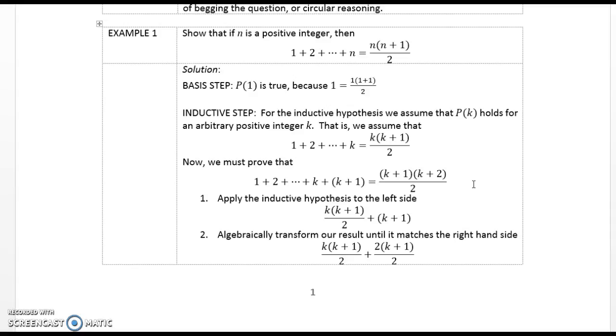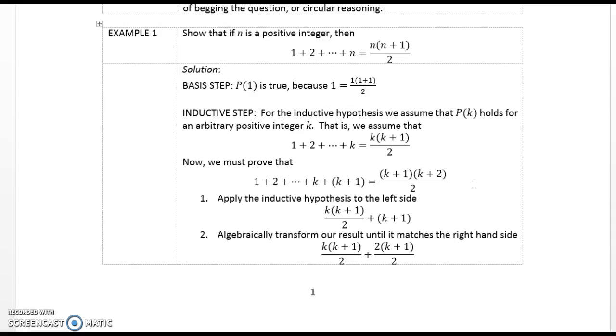For the inductive step, we assume that P of k holds for an arbitrary positive integer k. That is, we assume that 1 plus 2 plus ... plus k, the first k positive integers, is equal to k times k plus 1 over 2. Now we must prove that 1 plus 2 plus ... plus k plus 1 is equal to k plus 1 times k plus 2 over 2.